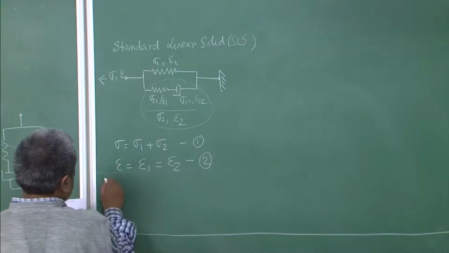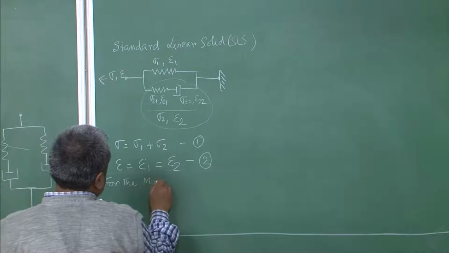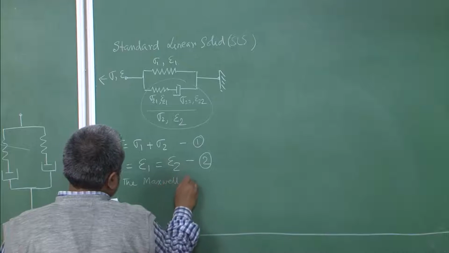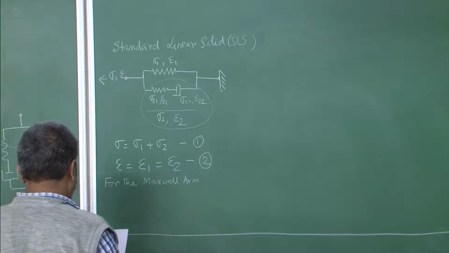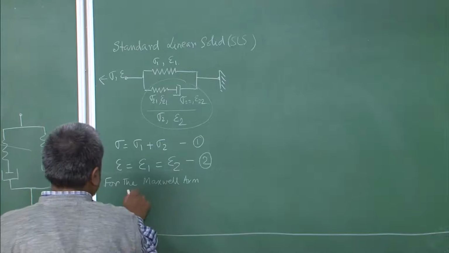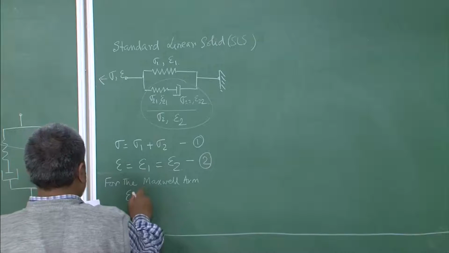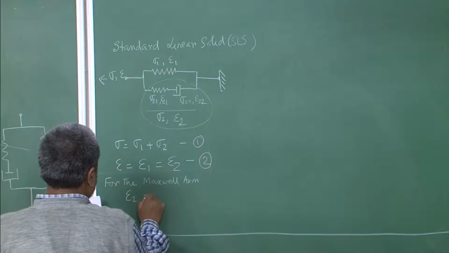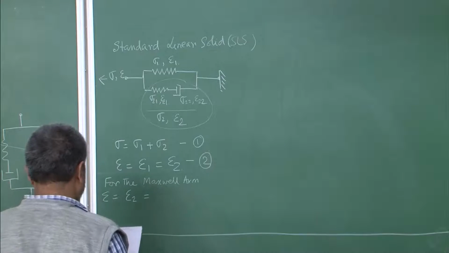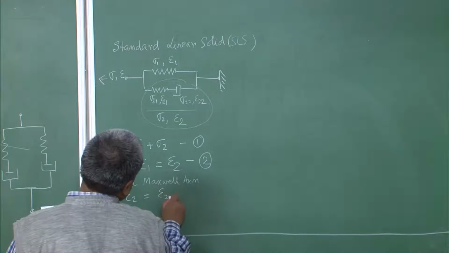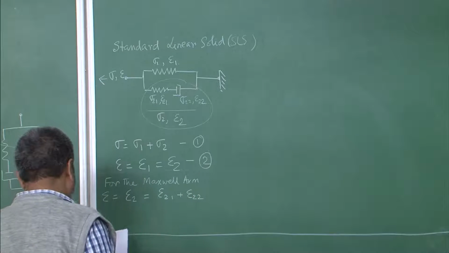So, for the Maxwell arm, one is that epsilon, the strain itself or epsilon 2, whatever you will call it, this is nothing but epsilon, we have already said, and that equals epsilon 2 1 plus epsilon 2 2, because it is a Maxwell part of it.